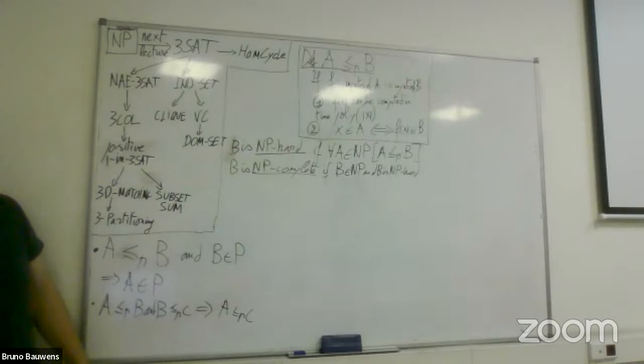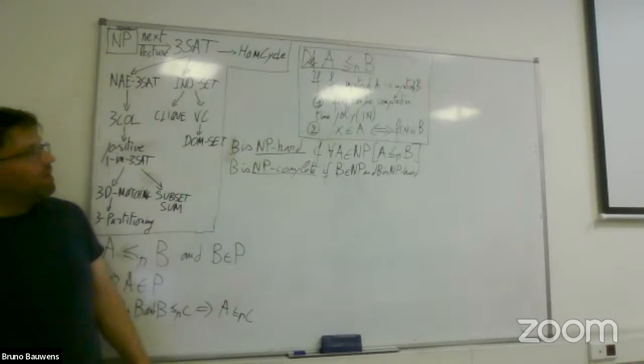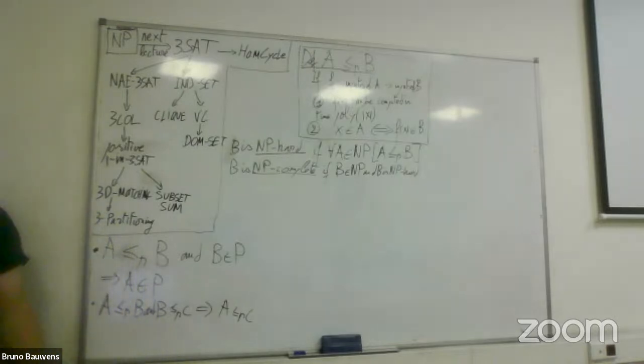If we can solve A, can we solve B? Well, in the special case that B is NP-complete, the answer is yes. In general, it's not true. Okay. Sorry, in case A is NP-complete, then the answer is yes.